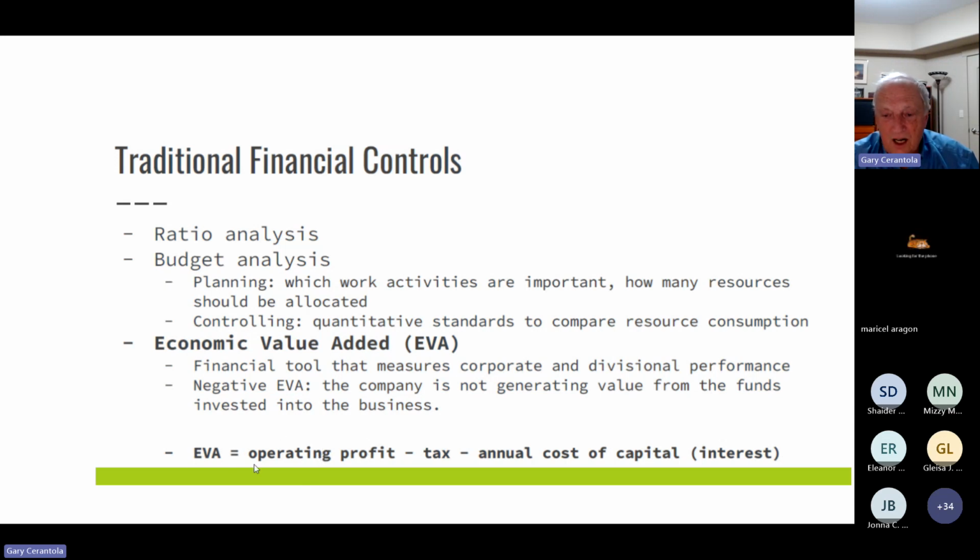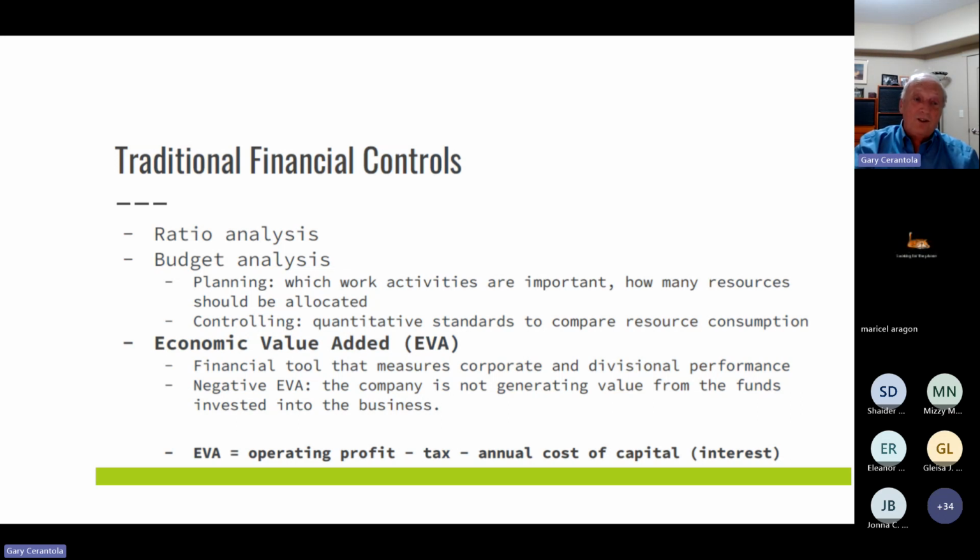So you look at how much operating profit you're bringing in. You subtract the tax. You subtract the annual cost of capital, like your interest, and you see, is that economic value added growing or decreasing? And if it's growing, then you've got a lot going for you.